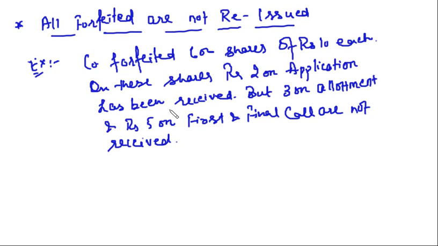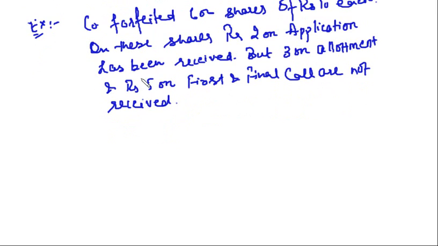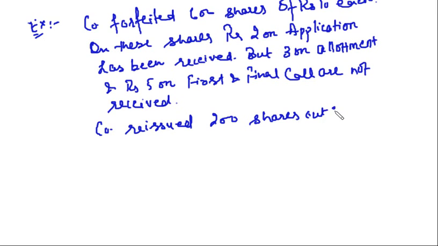These will really help you to understand the topic. If you are able to understand these small examples, then you can do it in big questions, right? Then further it says, company reissued 200 shares out of 600 shares.